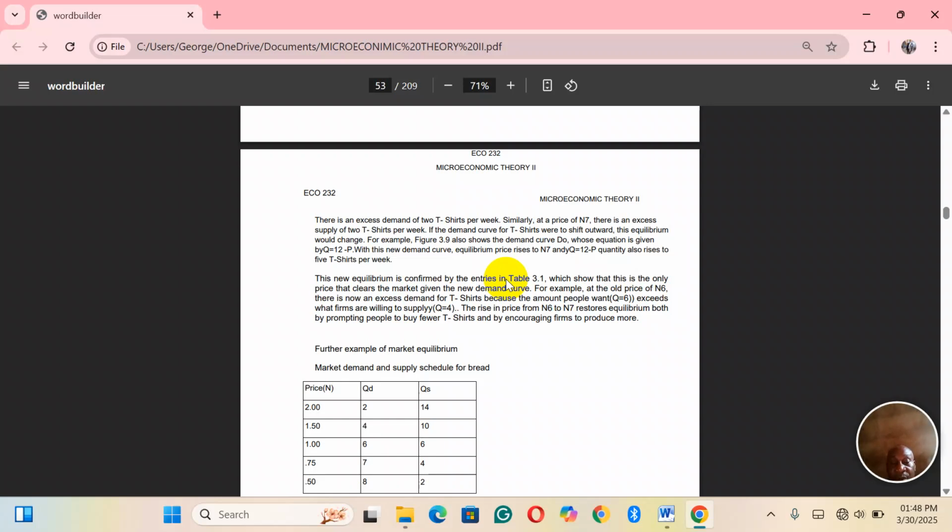So the new equilibrium is confirmed by the entries in Table 3.1, which show that this is the only price that clears the market given the new demand curve. For example, at the old price of 6, there is now an excess demand for t-shirts, because the amount people want, Q is equal to 6, exceeds what firms are willing to supply, Q is equal to 4.